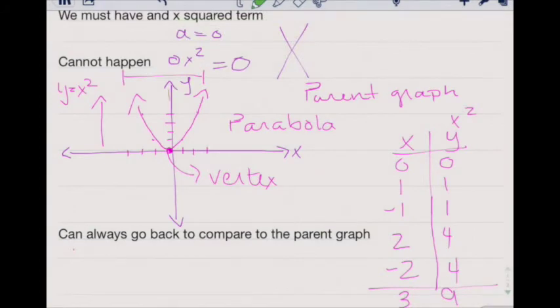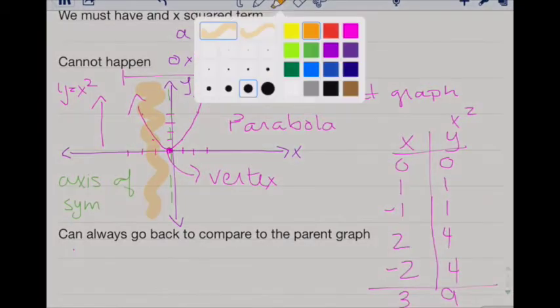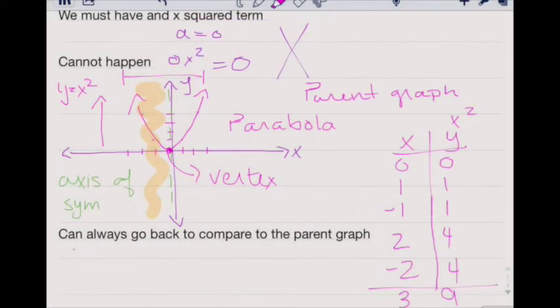We've got an axis of symmetry. So on this side of the axis of symmetry is the mirror image of what's located on this side of the axis of symmetry.